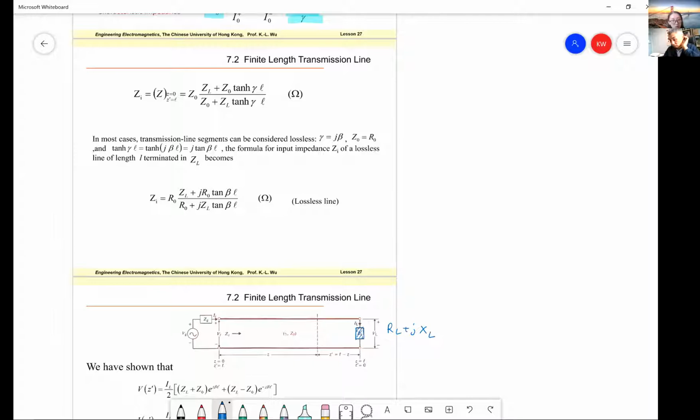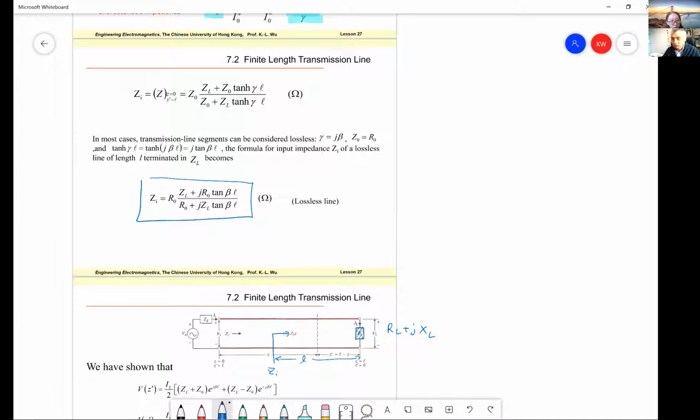Then we can derive at any point, if this distance is L measured from the load, the impedance looking into the load. This impedance can be well described by beta, which we already know, and the distance to the load. Then we can know the impedance.